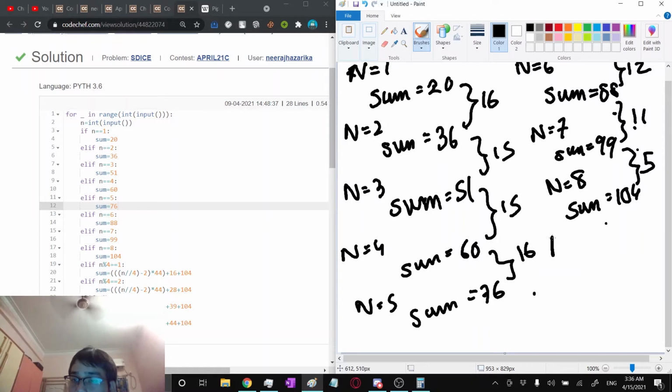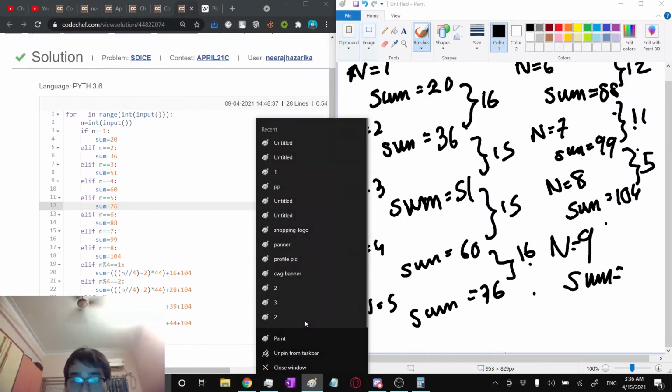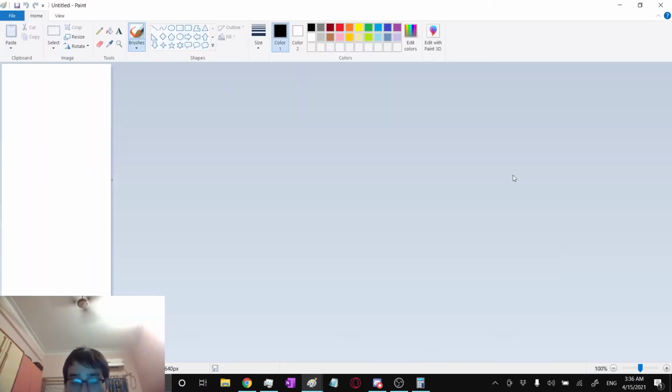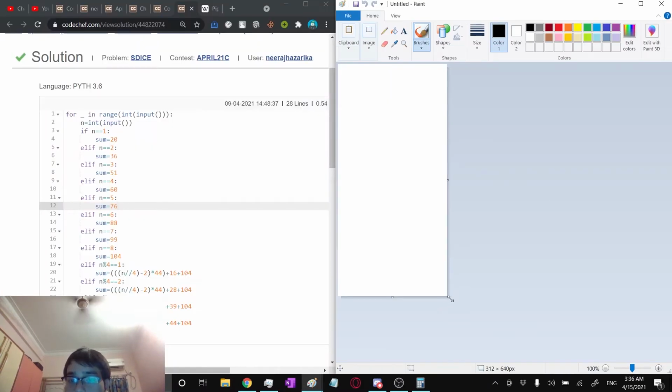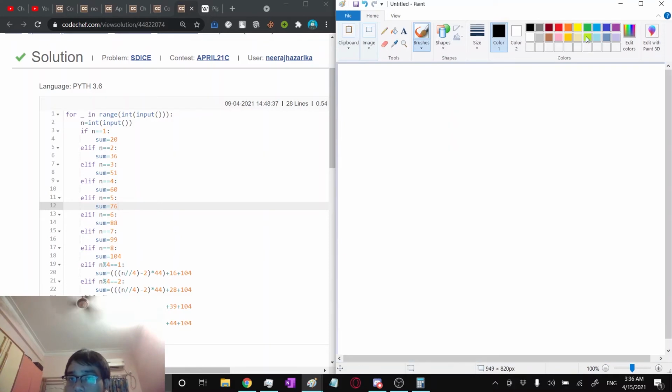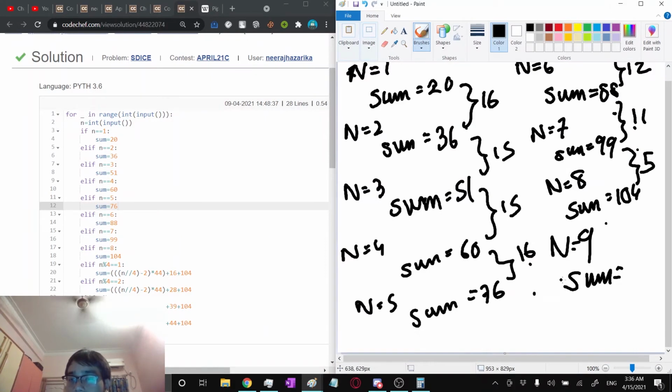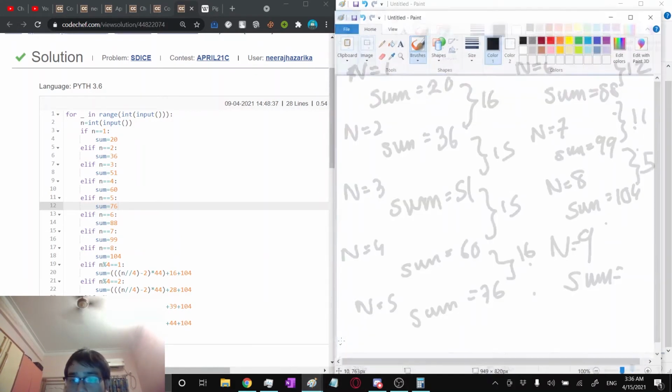After this, when we put n equal to 9, we would see that the difference between n equal to 5 and n equal to 4 repeats. So here sum will be, let's make another tab for paint, and let's see the situation when it's n equal to 9.